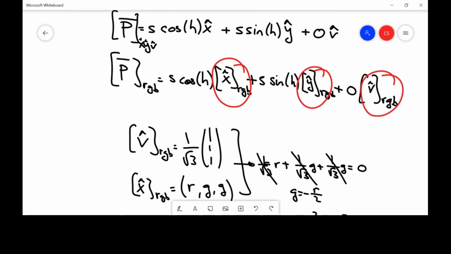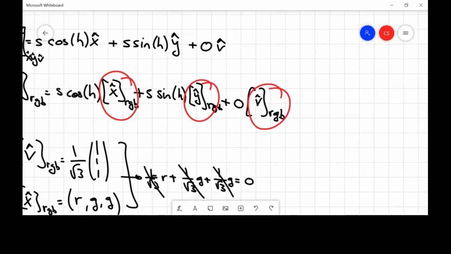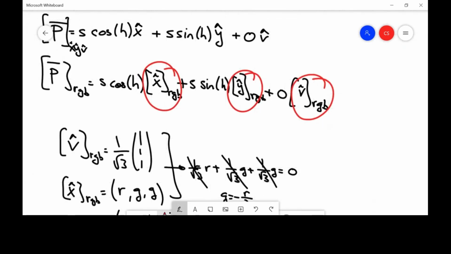Now comes the matrix. Okay. In general, this is some coordinate, let's say X. This is some coordinate Y. This is some coordinate V. So in general, if you have an X, Y, V coordinate, how do I translate it into an RGB coordinate? So I can express this the following way.